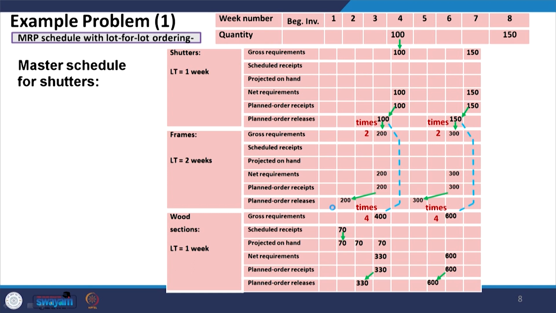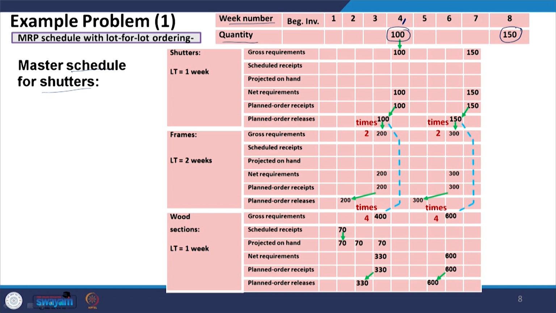Now, here you see the master schedule for a particular product. Now, for this product in the fourth week you have the requirement of 100 units. In 8th week you have the requirement of 150 units. Now, it will be transferred into different kinds of sub-components. This is the final requirement, that 100 and 150.